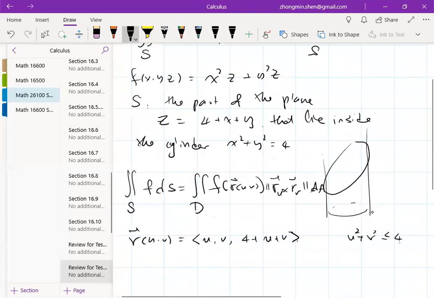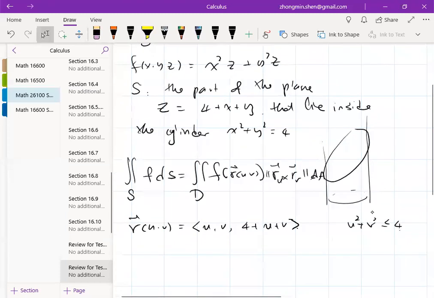It's inside the domain, inside the disk. So that gives you the image, this piece that looks elliptic.